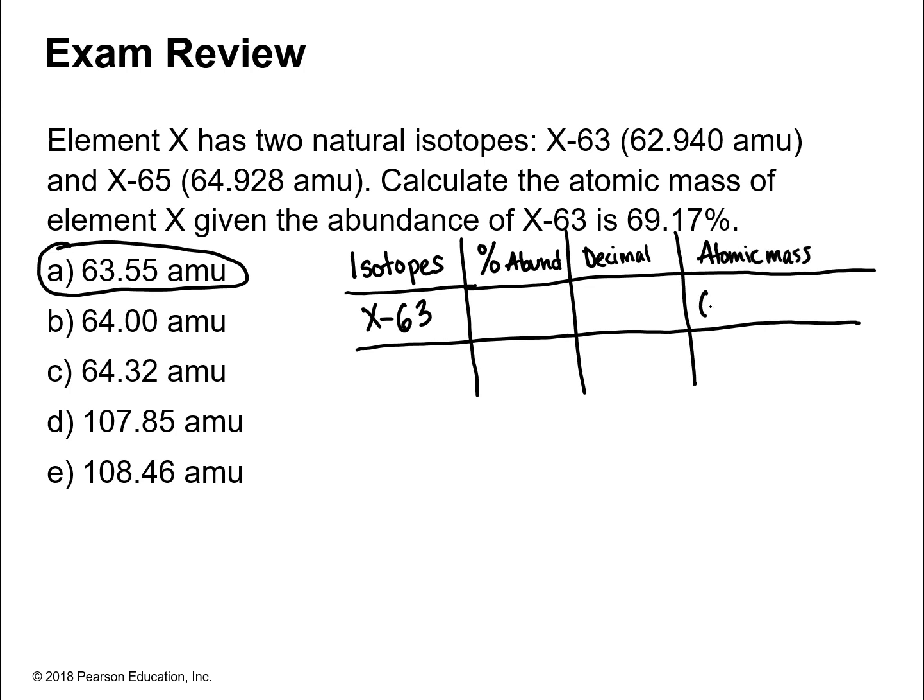In the atomic mass, we can fill in. The second isotope is X65, and we're also given that atomic mass. And finally, we're given the percent abundance of X63.